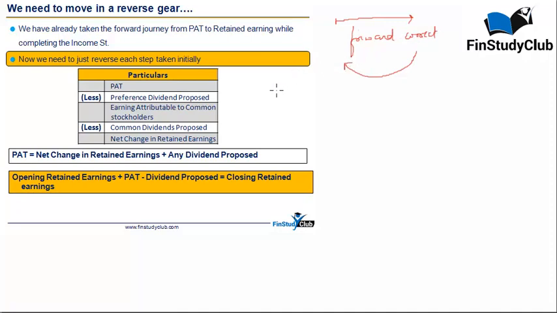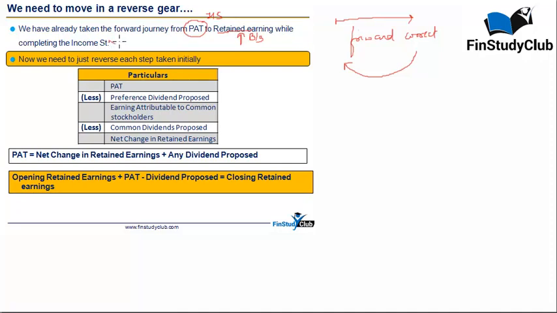What I'm trying to say is, we have already taken the journey forward from PAT, wherein this is the output of the income statement, to the retained earnings, which finally goes into the balance sheet. This we have already done while we would have made the income statement.